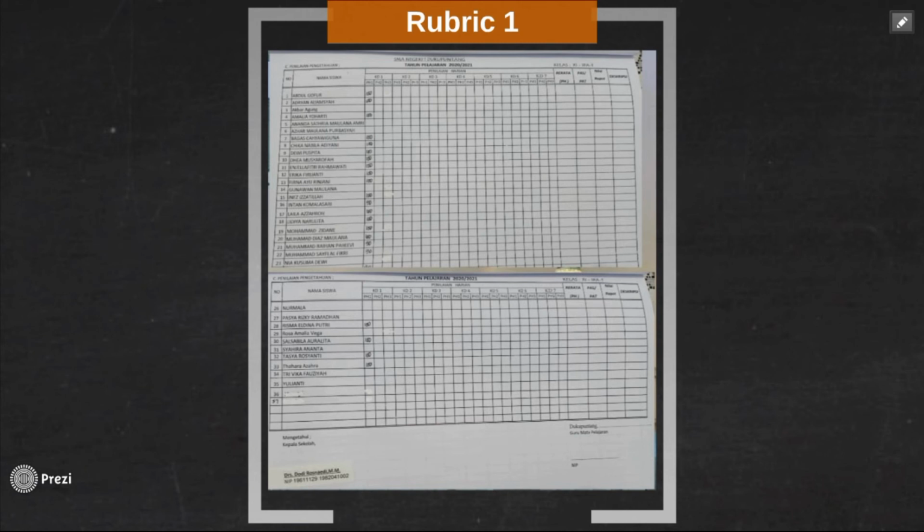Now see the difference. I have here an example rubric of knowledge assessment from State Senior High School One Duku Puntang, SMAN 1 Duku Puntang, and the school uses different sheets for knowledge assessment, psychomotor assessment and affective assessment.